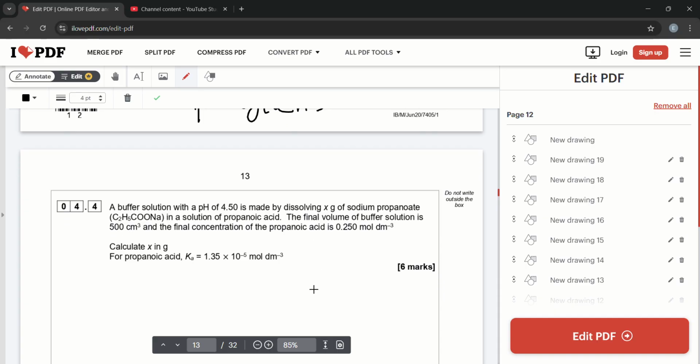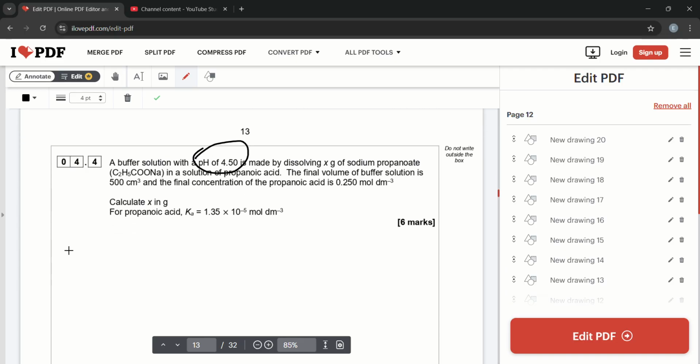A buffer solution with the given pH is made by dissolving X grams of sodium propanoate in a solution of propanoic acid. The final volume of the buffer solution is 500 centimeters cubed, and the final concentration is given. First, let's find the amount of H plus. We know H plus is equal to 10 to the power minus pH.